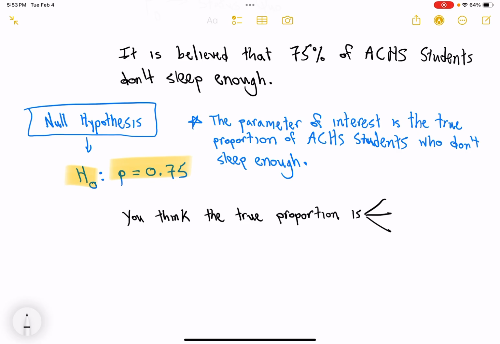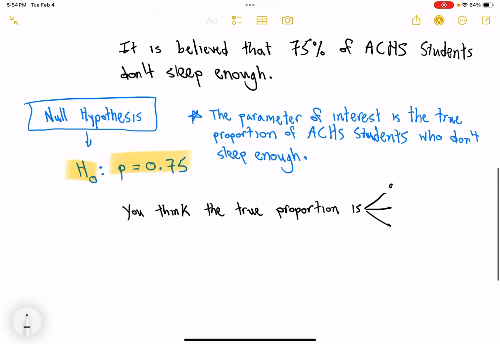As you'll see next lesson and the lesson after, there will be 3 different calculations, but there are 2 overarching types of calculations. You either think the true proportion is greater, you think it's less, or you think it's not. Those are your 3 options, right?